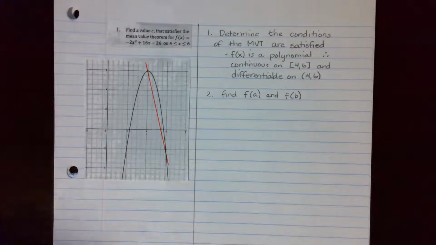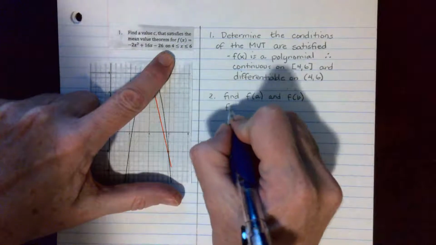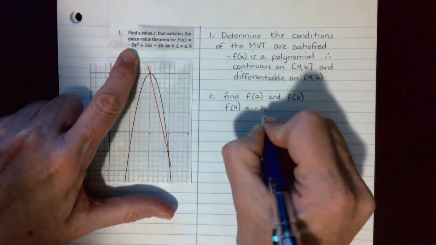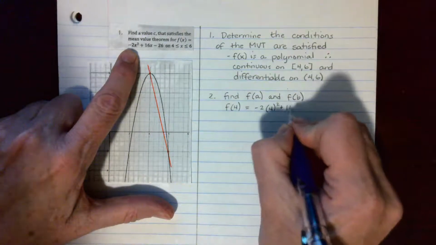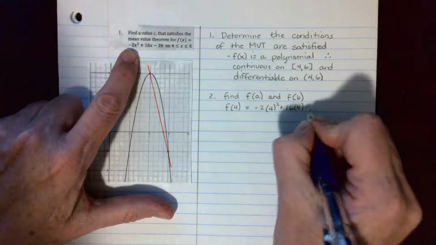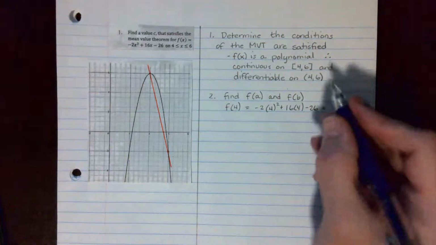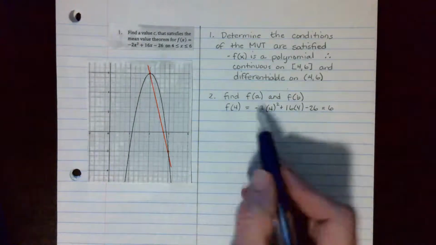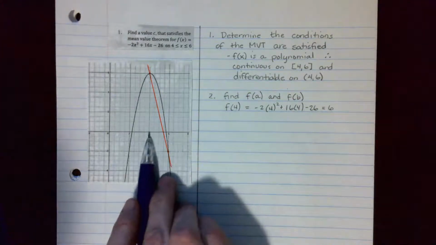Okay, so f of a, let's just find f of 4. And all I would do is plug 4 into that original equation. And I did that already, and that's 6. Okay, so that's telling me that the point (4, 6) is on the graph. And if I look right here, (4, 6).